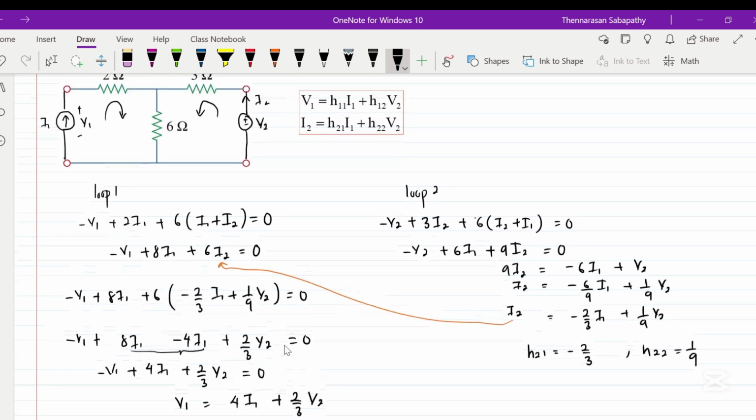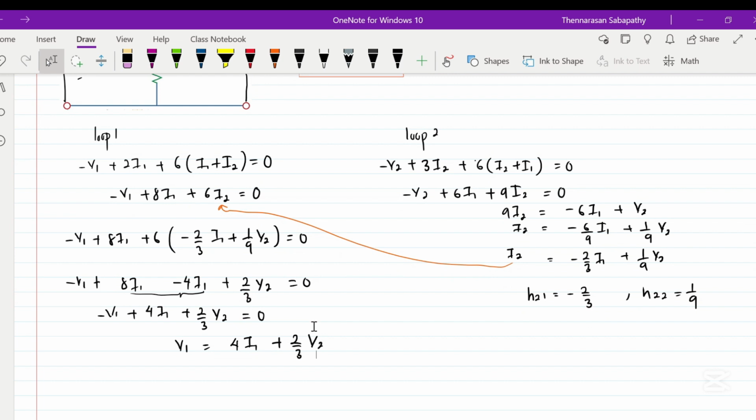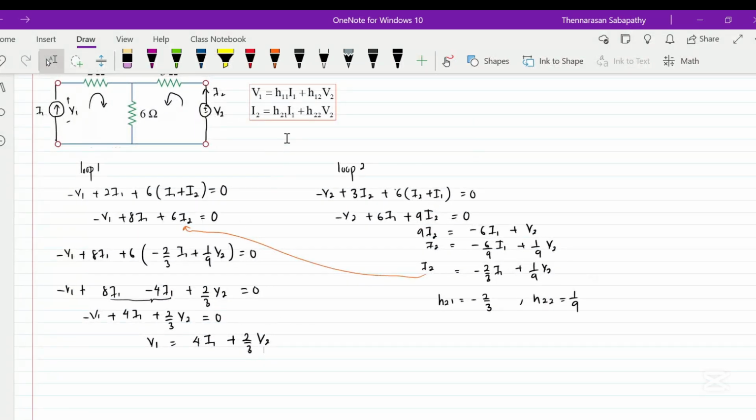Now you compare this equation with the first H equation: V1, H11, I1, H12, V2. By comparing, H11 equals 4, H12 equals 2 over 3. So done. All 4 H parameters are obtained from this method.